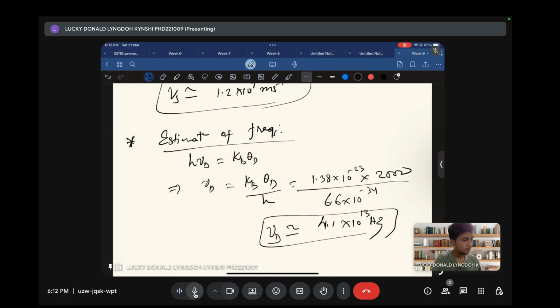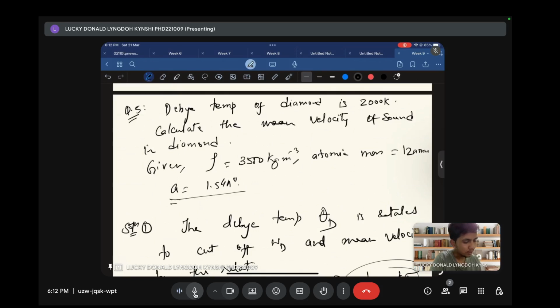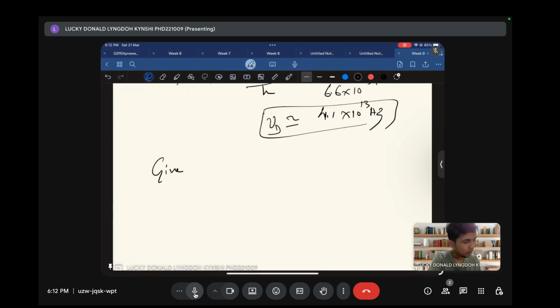Also, if you look carefully, it's given to you that the lattice parameter, or lattice constant, is 1.54, which is equal to 1.54 into 10 to the power minus 10 meter.